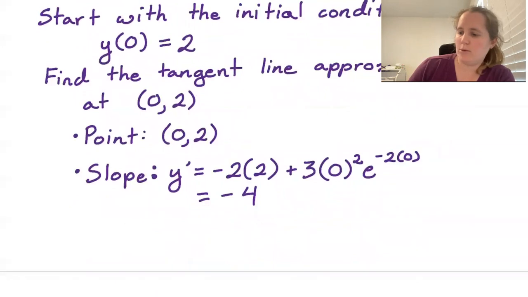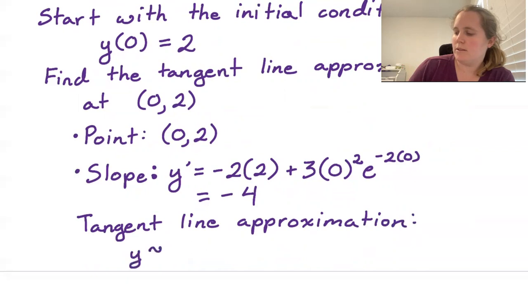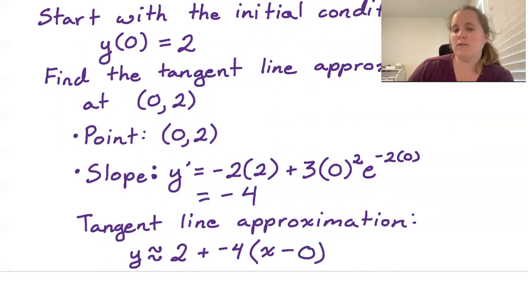So the tangent line approximation, we would have y is approximately our initial y value, 2, plus our slope, -4, times our new x value, x, minus the initial one, 0.